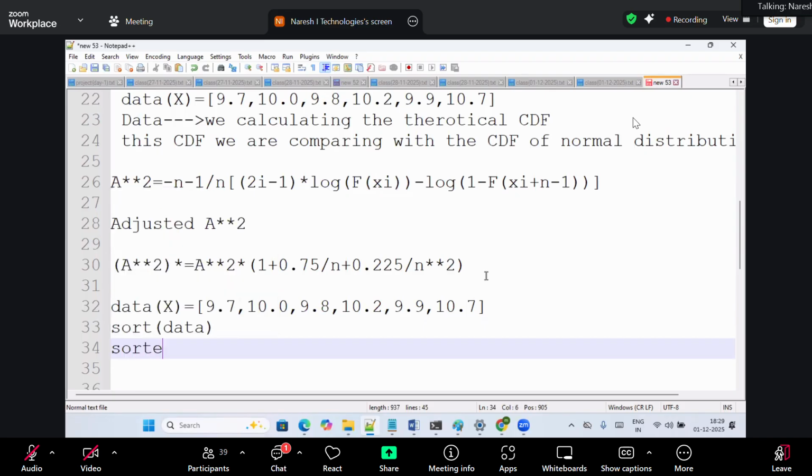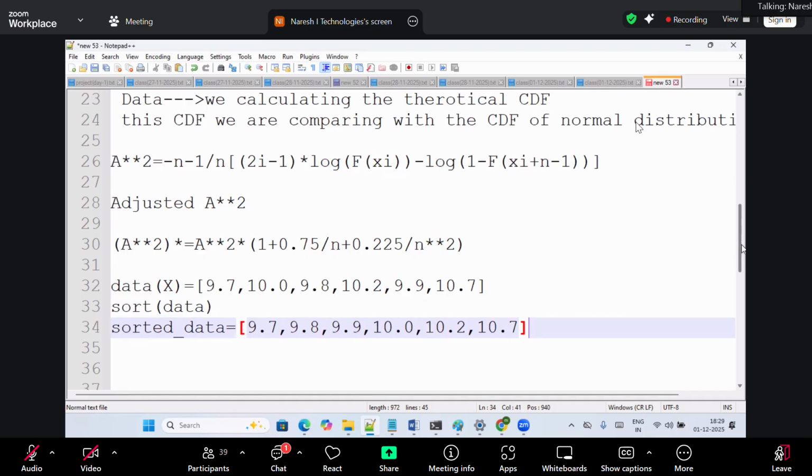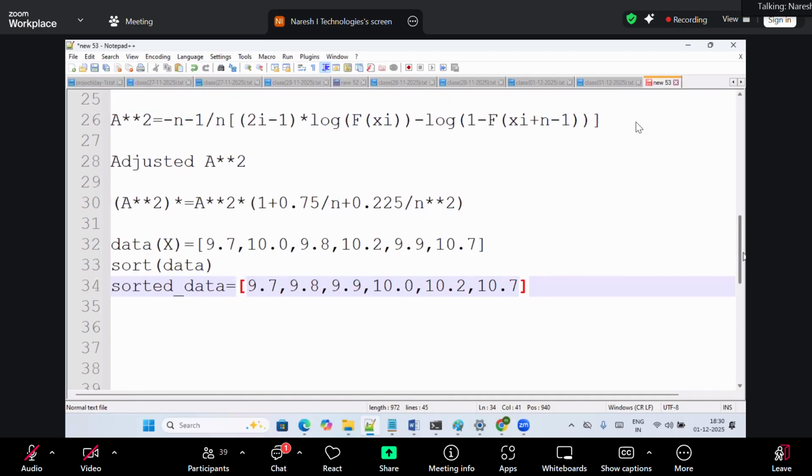I am writing here sorted data. बोलिए क्या वैल्यू मिलेगा आपको? 9.7, 9.8, 10.0, 10.2, then 10.7. बस. This is the sorted data you got here. Correct? Up to here, clear, guys? Yes or no? Okay.